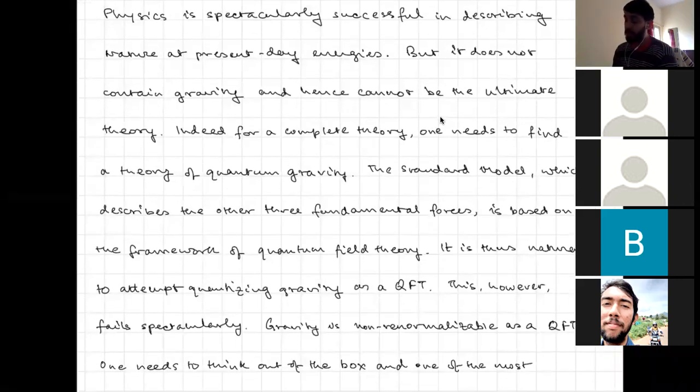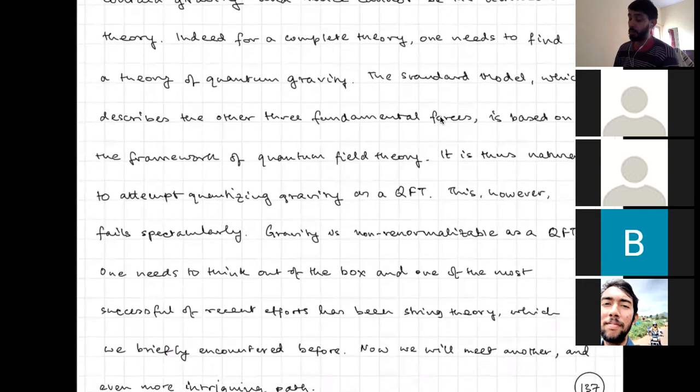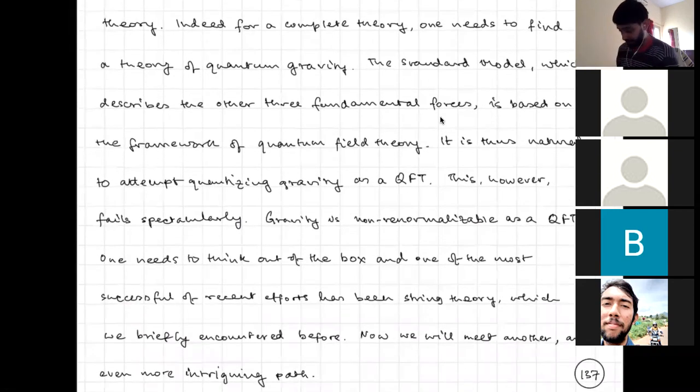Okay, so one needs to think out of the box. And as you have again seen a few days earlier, one of these more successful attempts has been string theory, which we briefly encountered before. And now we're going to meet another even more intriguing way of trying to do this.